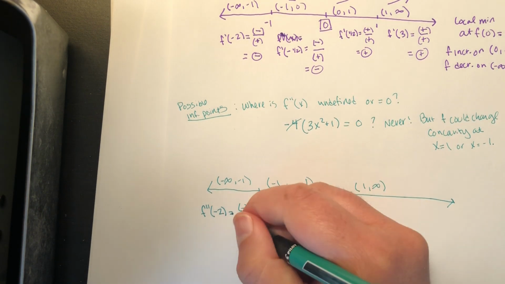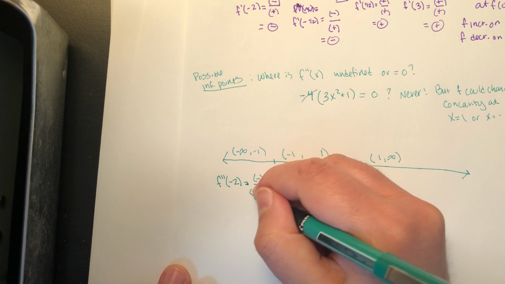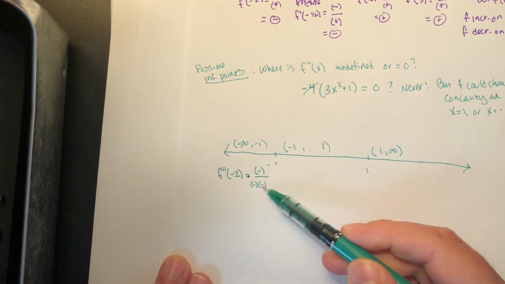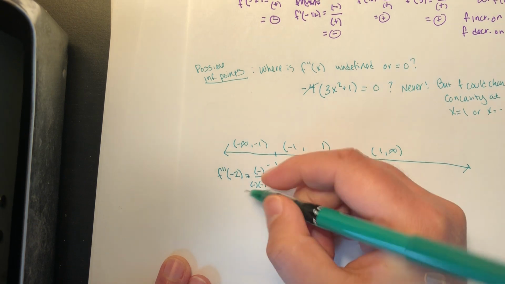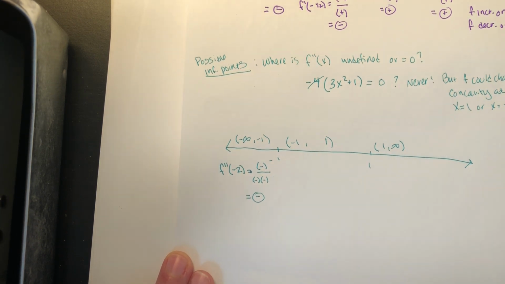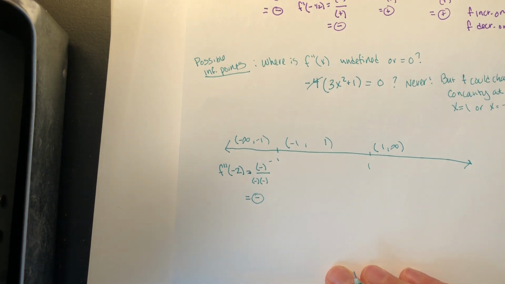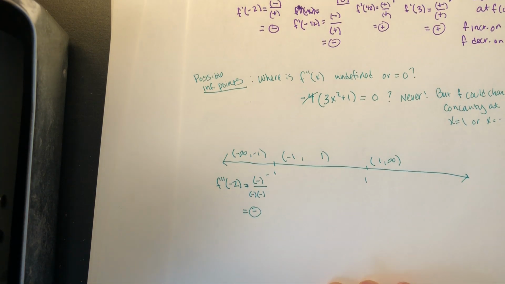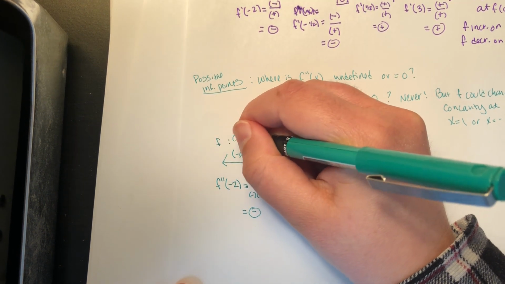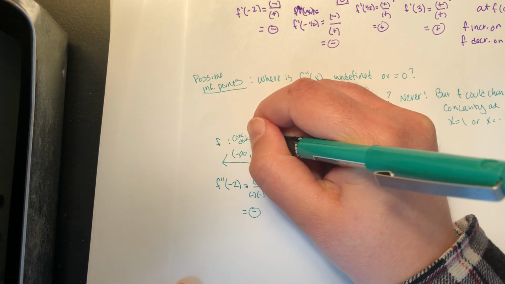So on the denominator here, we've got a negative times a negative. So overall, it's negative over a positive, right? 2 negatives make a positive, which means overall on this first interval, the second derivative is negative. That tells us that the original function f is going to be concave down on this interval.